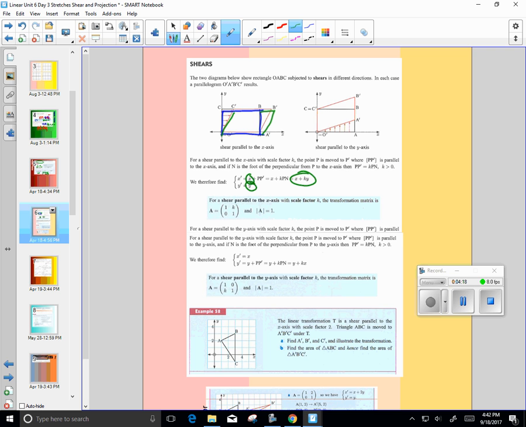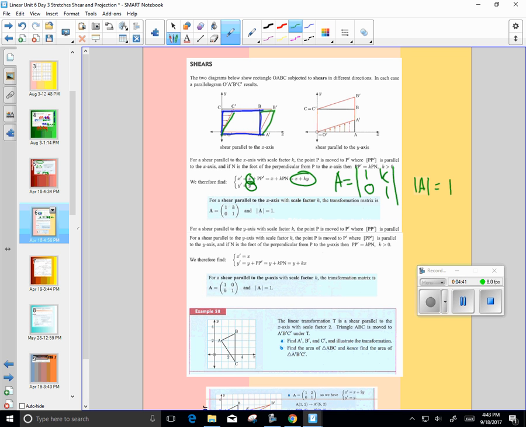And so there's where you get the x plus ky, and then the y, of course, stays the same. So when you put those together, there's your transformation matrix, 1, k, 0, 1. And when I take that determinant, I get 1 minus 0, which is 1.